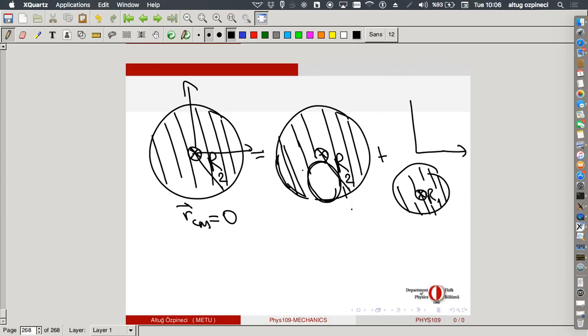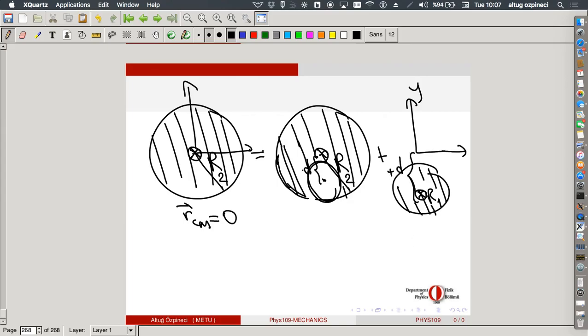Now, where is the center of mass of this one? Let's say this distance is d. What is the position of the center of mass of this disk? So this distance is just d.